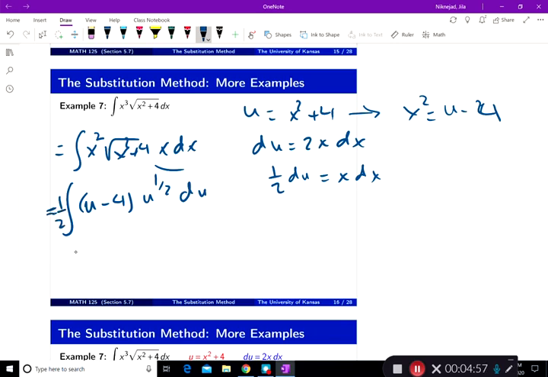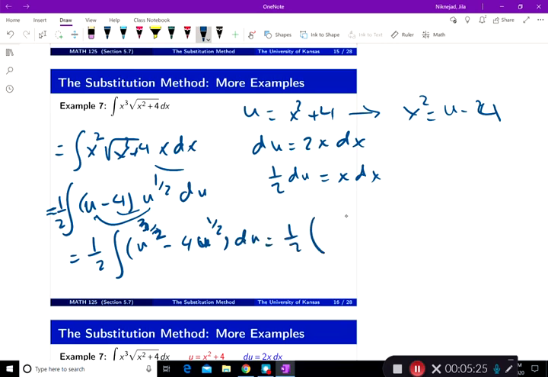The 1/2 I brought outside. So it would be 1/2 of, again, distribute, because again it's a product and I need some algebraic manipulation. u to the power 1/2 times u is u to the power 3/2, minus 4 u to the power 1/2, du.